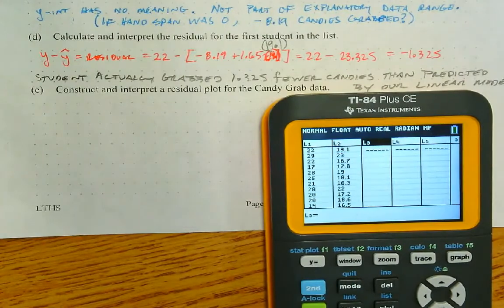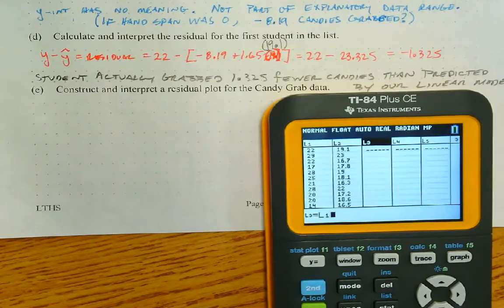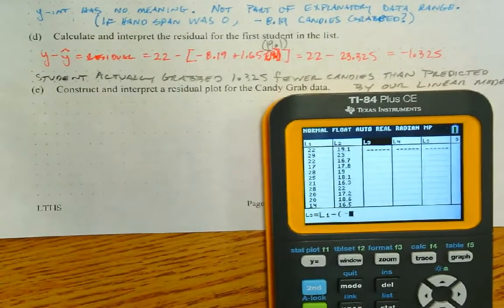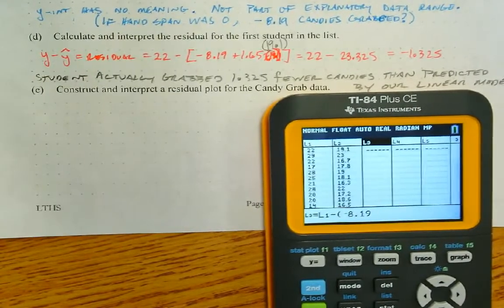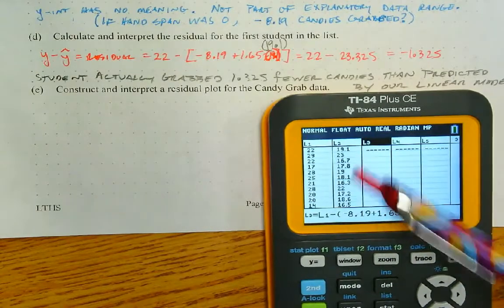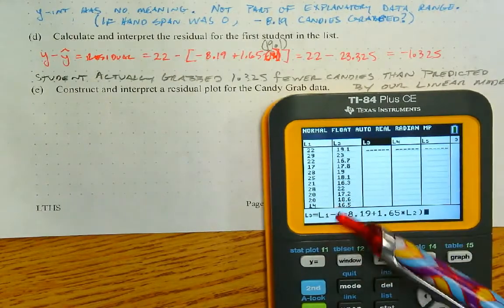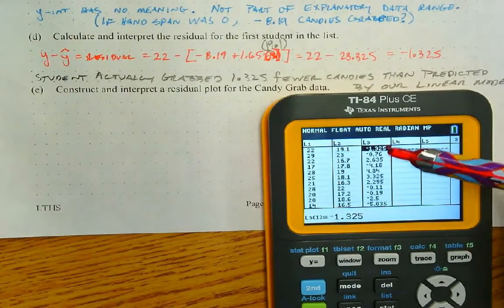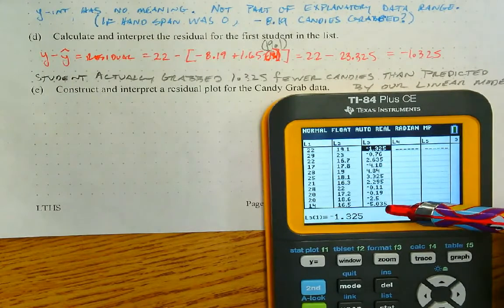Our residuals are going to be list 1, that's the y, minus, then parentheses, because it's minus y hat, and that's negative 8.19 plus 1.65 times the numbers in list 2. At each of these x values, what's going to be predicted? Well, that's the y hat. I set that up, press enter, and it spits out my particular values.